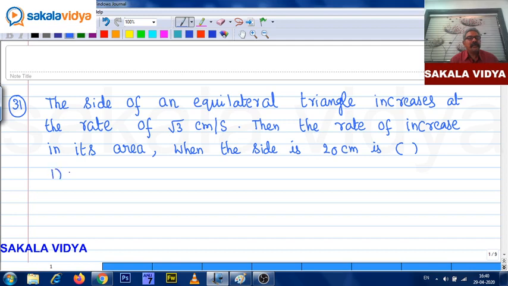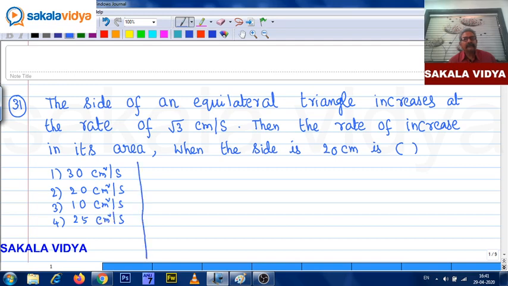First option 30, second option is 20, third option is 10, fourth option is 25 centimeter square per second. This is the question.